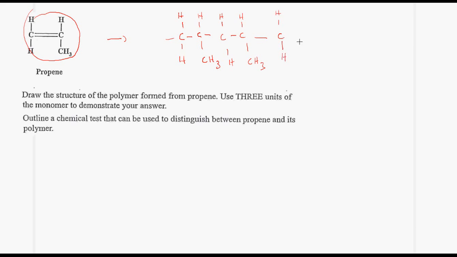So this represents an addition polymer. So this is actually polypropene, and we have drawn 3 repeat units. We have 1, we have this one, we have 2, and we have the 3rd one here.